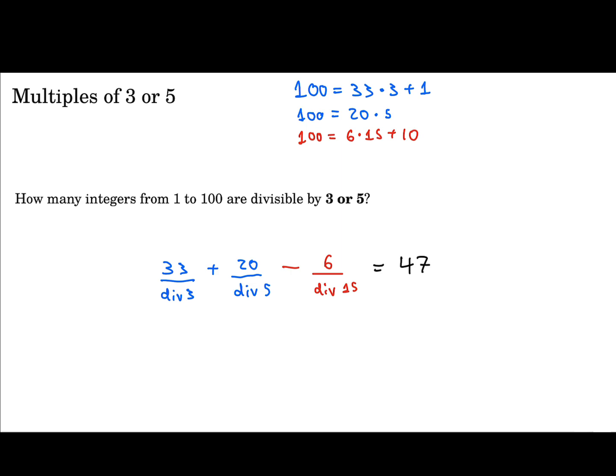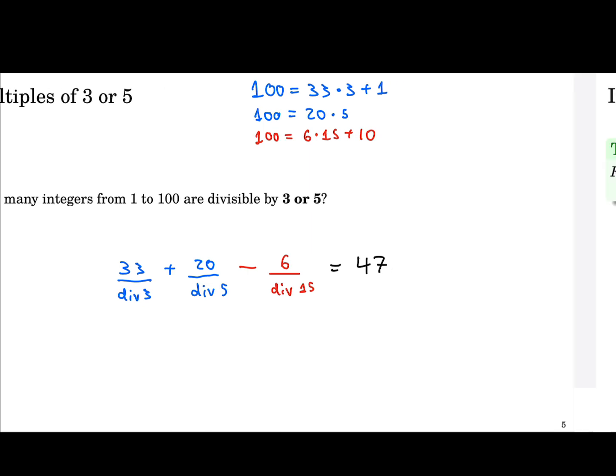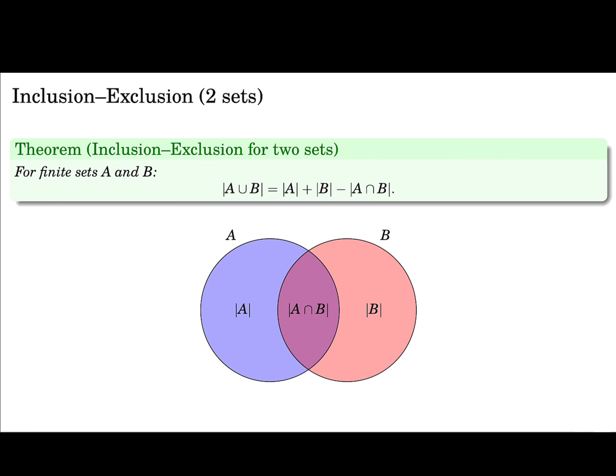And so this is the idea behind what's called inclusion-exclusion. And here we do it with 2 sets. So if the set A, let's relate it to what we were saying before, is those divisible by 3, and the set B is those divisible by 5, then the set A intersection B is going to be the set of those that are divisible by 3 and 5, which we saw is just the ones divisible by 15.